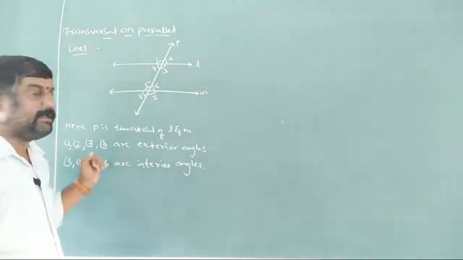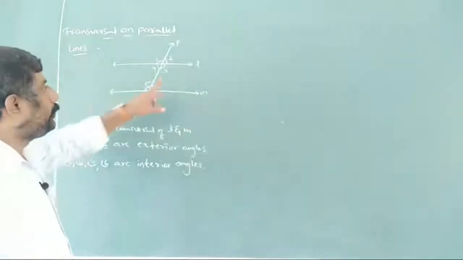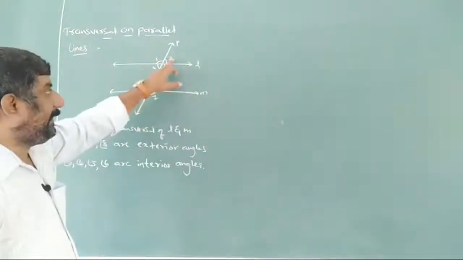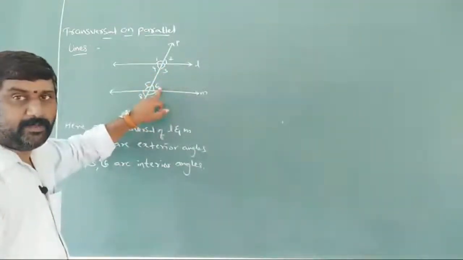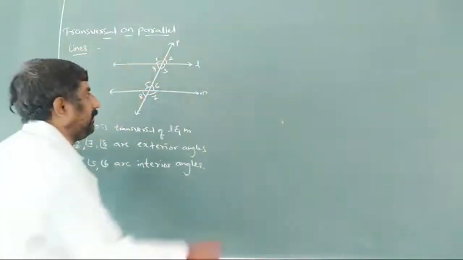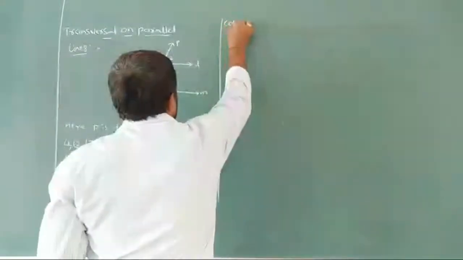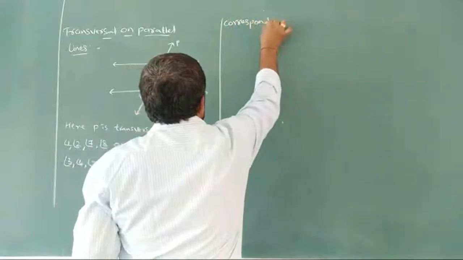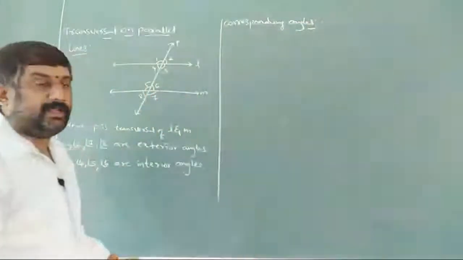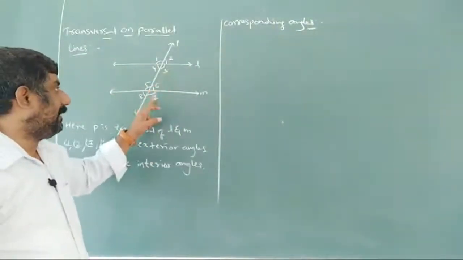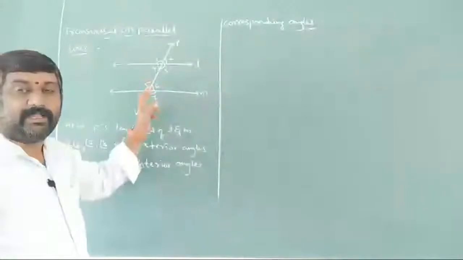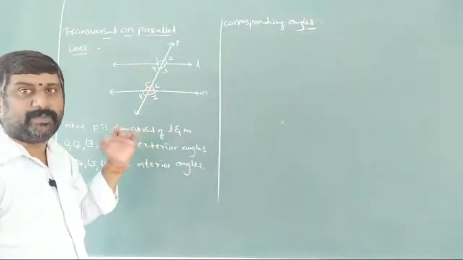Corresponding angles, alternate angles. What are corresponding angles? Two angles, one should be interior and the other exterior, or one exterior and the other interior, on the same side of the transversal at distinct vertices.